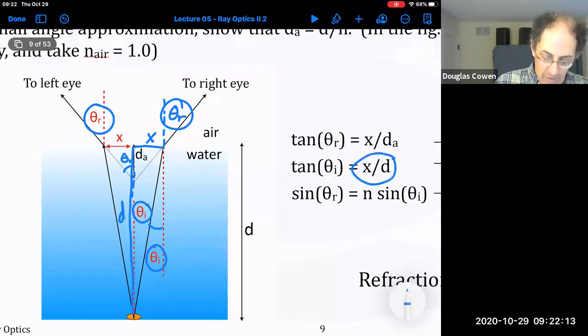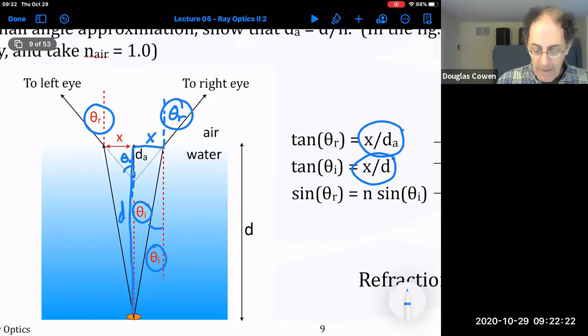And previously we saw that the tangent of theta sub r was x over d sub a. And we can just write down Snell's law, which is n sine theta r, so it should be like n1 sine theta r and n2 sine theta i, but n1 is just equal to what? Anyone tell me?